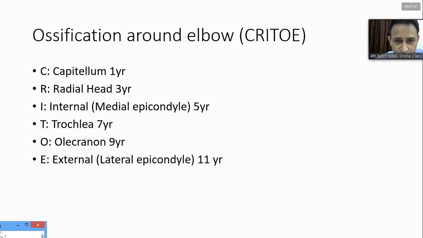These are approximate, but this is just a guide. If you are looking at an X-ray of a 1-year-old child, you don't expect to see the other structures such as the radial head, medial epicondyle, trochlea, olecranon. They are not yet formed. So this is just a rough guide so that you know what to expect in a child's X-ray depending on the age.